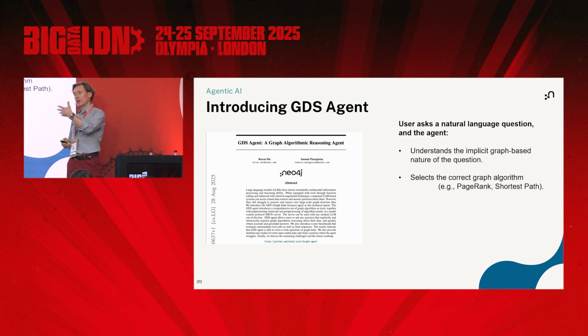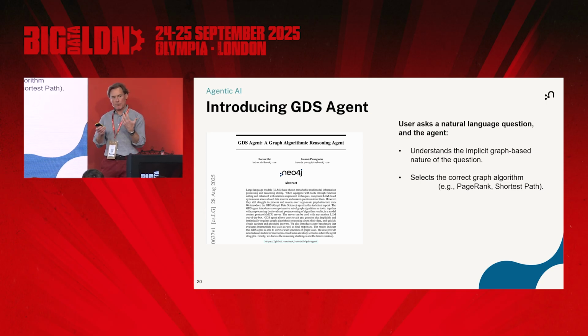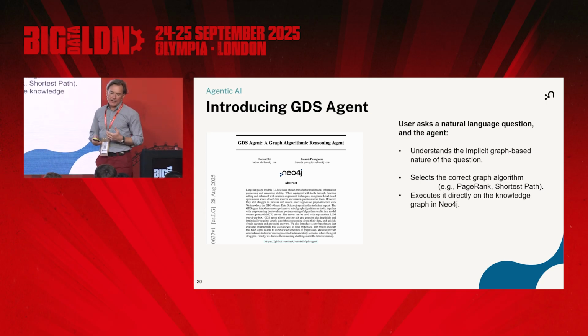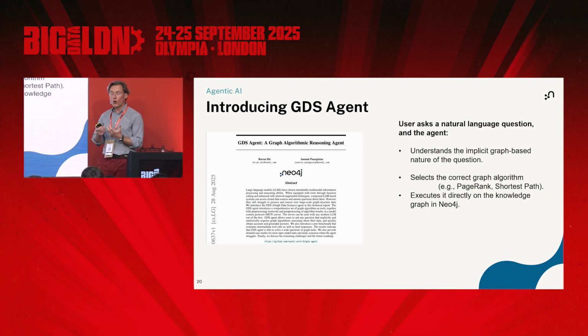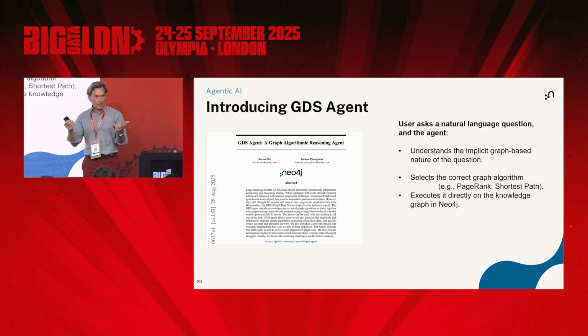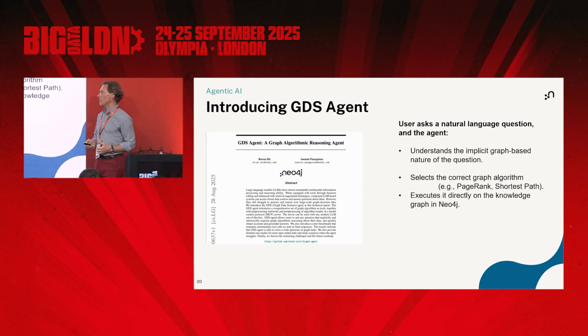How does it do that? In building the agent, we gave a description for each algorithm, and it can match that up. It then runs it on your proprietary database, which is your knowledge graph in Neo4j, with your specific data and all of the security and privacy requirements.